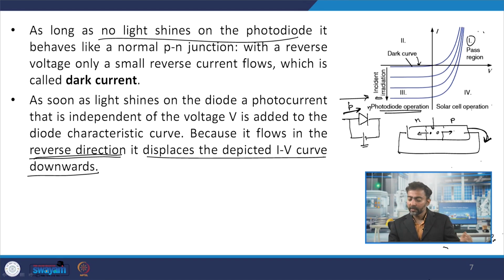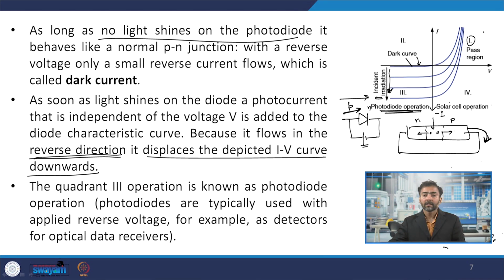But for a photodiode, the current comes out of the P terminal, in the reverse direction of the forward bias, and therefore we call that negative I, minus I. For photodiode operation, the current is always in the reverse direction, and if I go on increasing the incident irradiation, the amount of current also increases. That is how the graph shifts more and more downwards as I increase the irradiation. So, this third quadrant operation is what we call the photodiode operation.